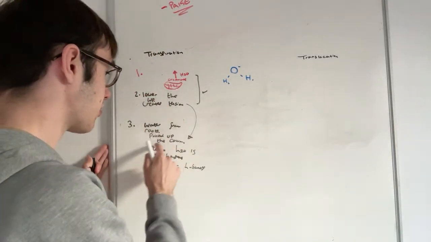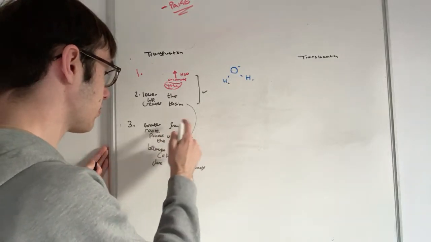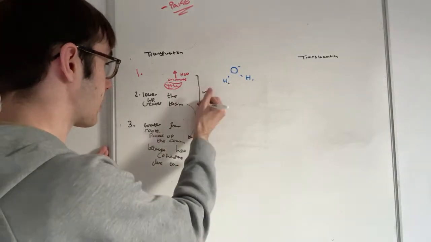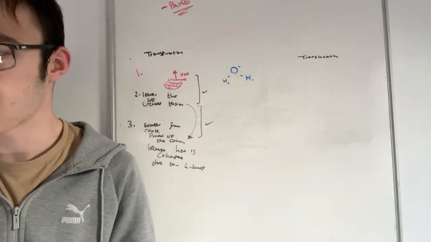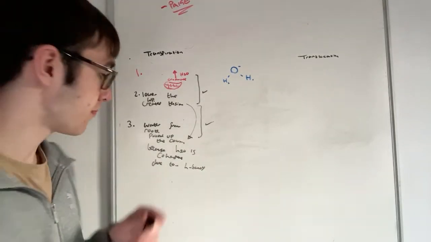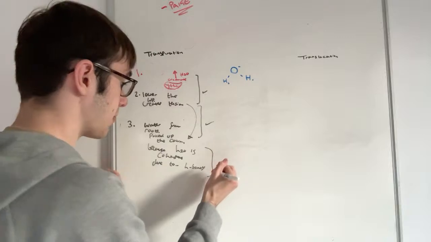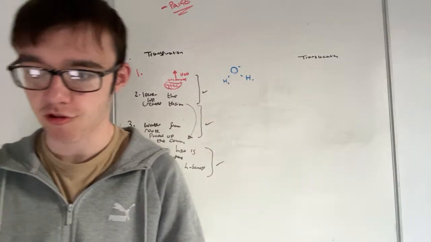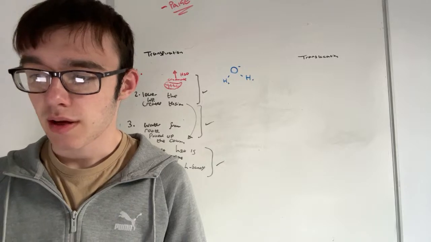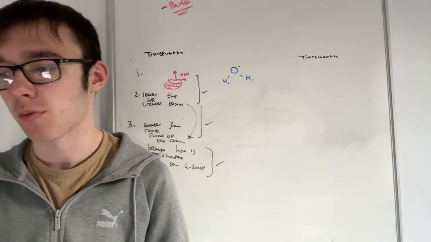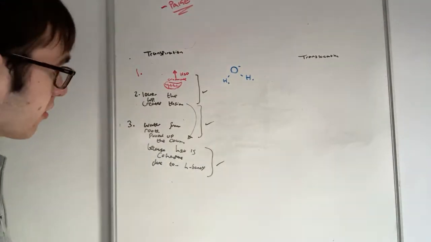I mentioned pulled up a column, creating tension, so that would be, again, another mark. Due to hydrogen bonds being cohesive, that would be another mark. And if this was a 4-mark question, I would have missed a mark, because you would have needed to also add adhesion of H2O molecules to the walls of the xylem.